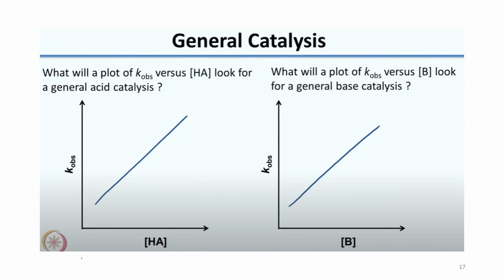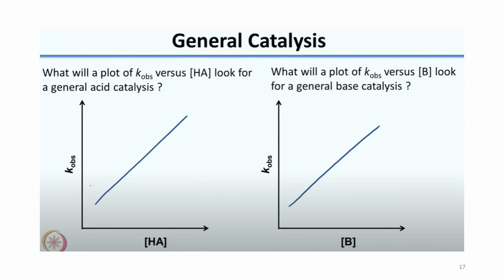Let's move to our next slide, where there is general catalysis, like general acid catalysis and general basic catalysis. So in case of general acid catalysis, what will be the k observed with the concentration of the acid, and in case of general basic catalysis, what will be the rate of the reaction with the concentration of base.